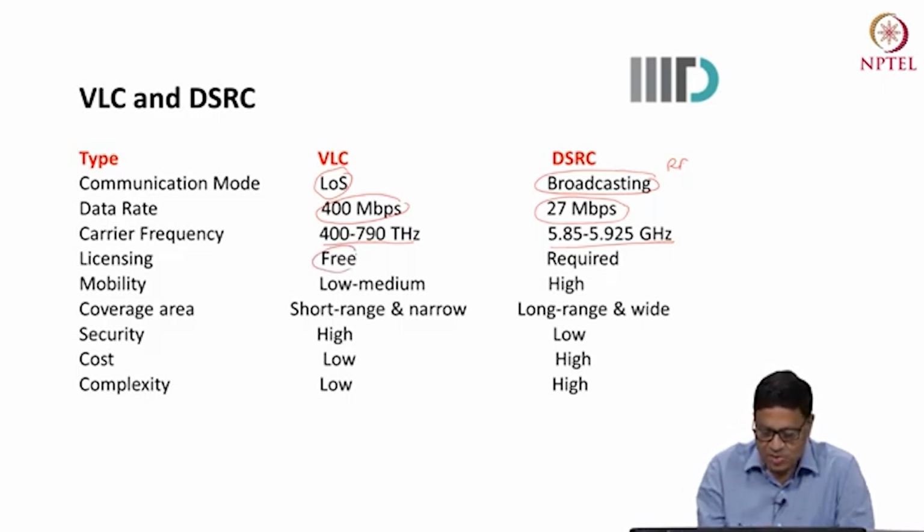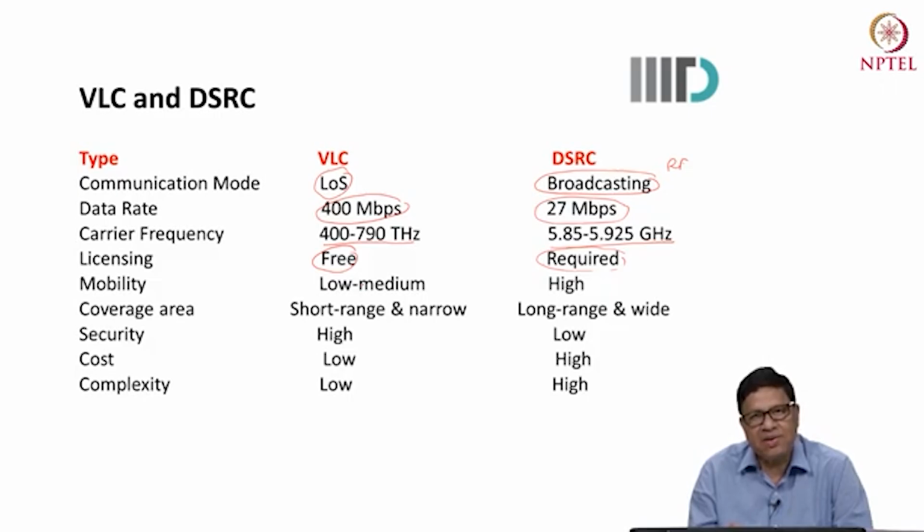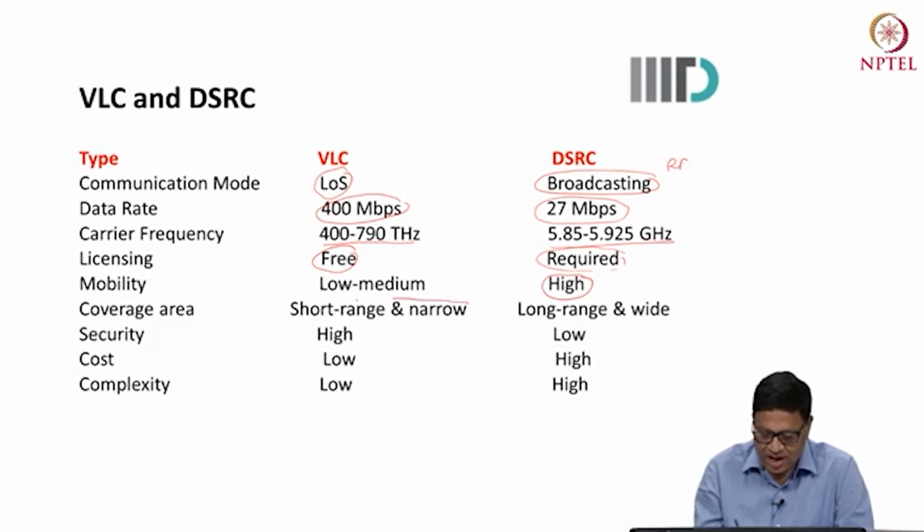There is no license required here. You require a license for this RF. The mobility is low to medium because essentially it is a line of sight technology, but it can support little mobility, whereas the mobility is high in DSRC. Coverage area is short range and narrow, of the order of a few hundred meters. This could be a kilometer, for example, 1 kilometer.